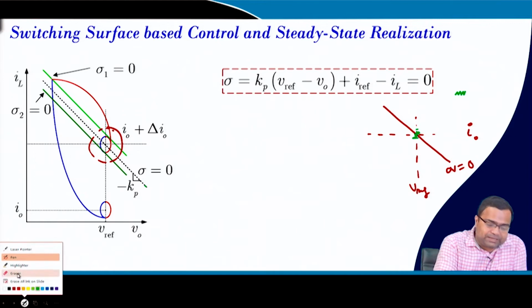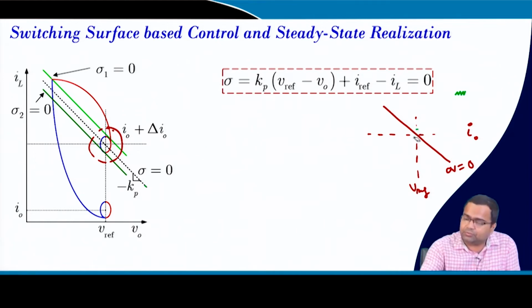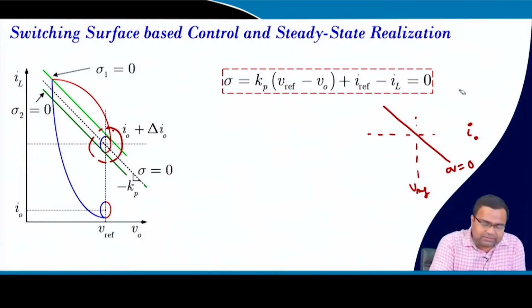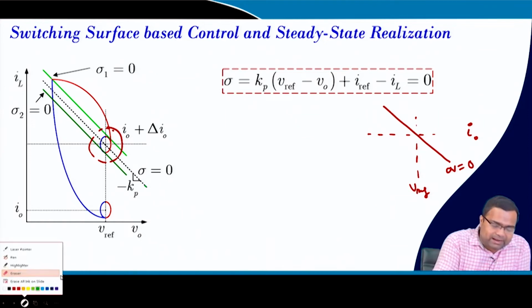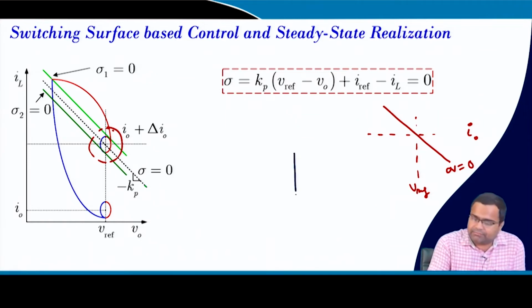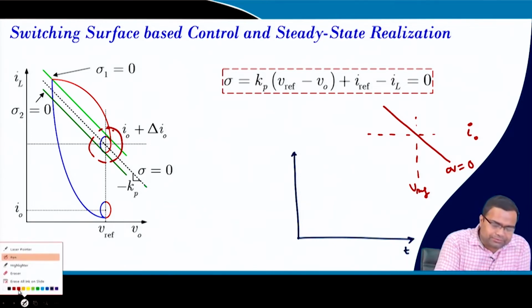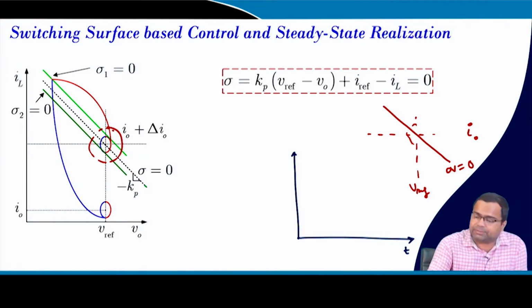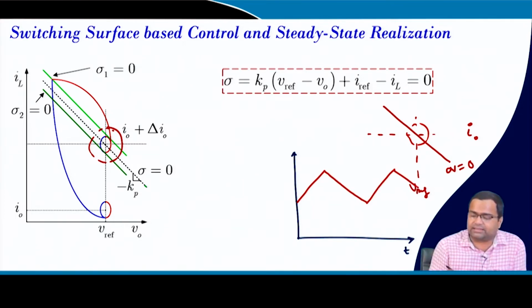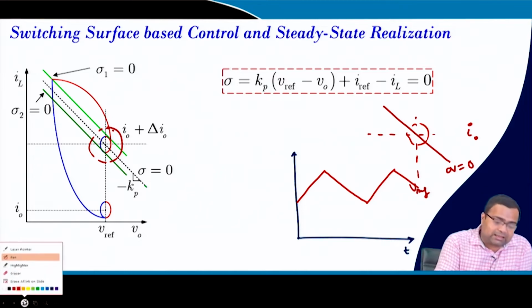Our basic objective is that, if I draw the inductor current waveform, the timing diagram, I am talking about the scenario during this part. There is one possibility, we can have inductor current like this. There are other possibilities.